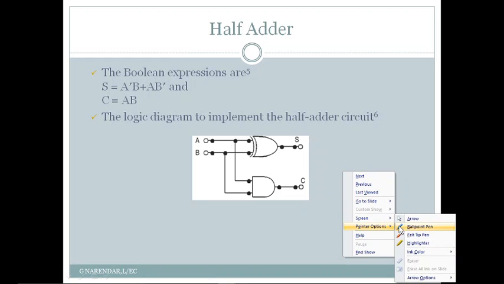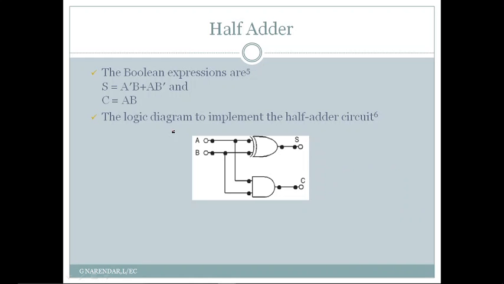We'll apply the second combination of inputs, that is, I want to add 0 with 1. In that case, A equals 0 and B equals 1. So the inputs for this XOR gate are 0 and 1. We know that the output of an XOR gate is 1, since the two inputs are different.